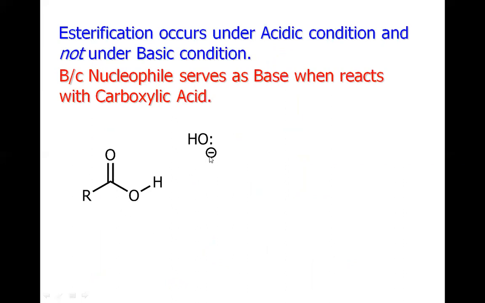But in this particular case, we cannot afford the nucleophilic attack of this hydroxide to this carbonyl when we have this acidic hydrogen present. So the first step will be simply the attack of hydroxide to this acidic hydrogen. Hence, this hydroxide will be serving as a base, not a nucleophile.